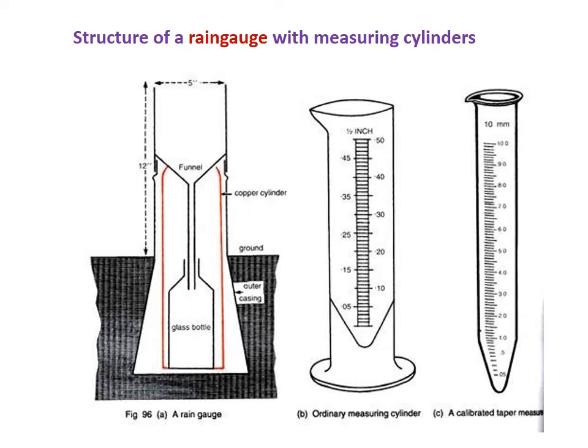Otherwise, if you use an ordinary measuring cylinder, you will always have to convert it, and that I will show you in another class. You should also know that for each country, the diameter of the mouth of the funnel, or the area of the mouth of the funnel, is very important.